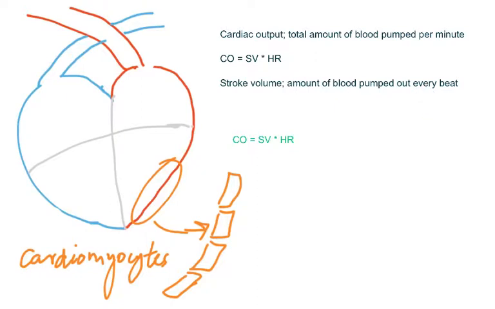So if the stroke volume is decreased, the cardiac output will also be decreased because it depends on this variable, so it's going to go down with it. So that's what happens in heart failure. The cardiac output is decreased because the heart is not pumping as much blood per minute due to lower amount of blood being pumped out with each contraction.